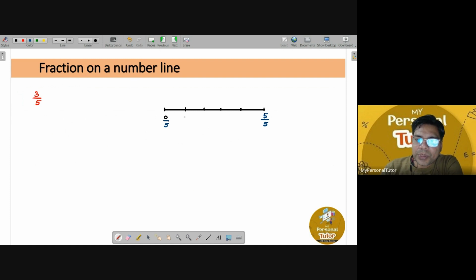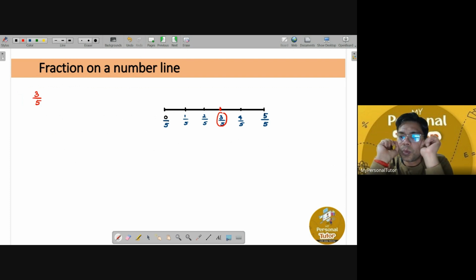So now what happens, each part, when you see the first one, this is nothing but 1/5, this will be 2/5, this will be 3/5, this will be 4/5, and the next one is 5/5. Now what we have to represent on the number line, 3/5. So this is our answer. Okay, this is the point which you have to represent on the number line.